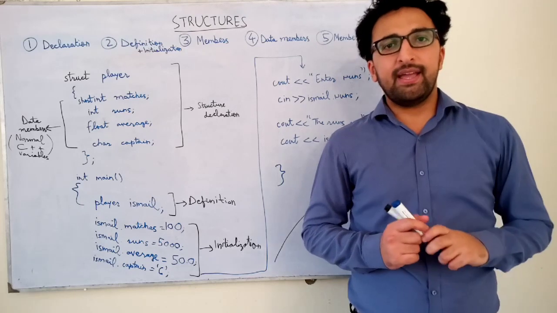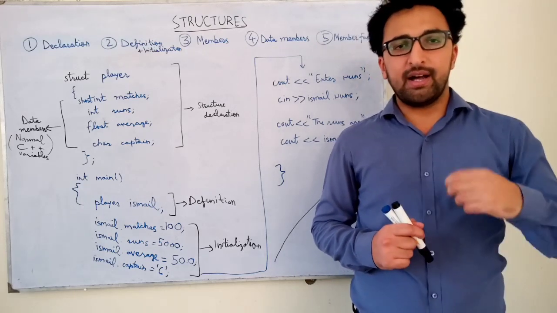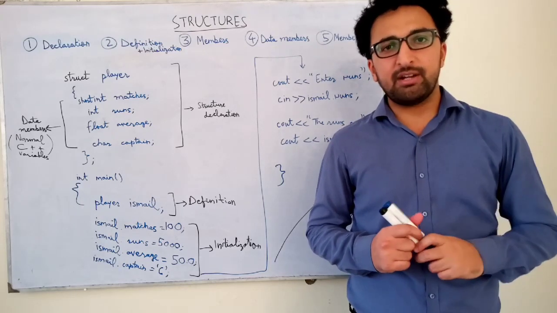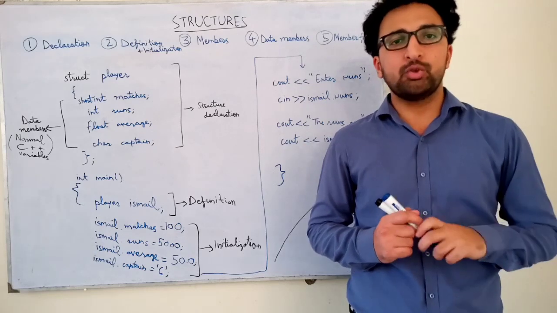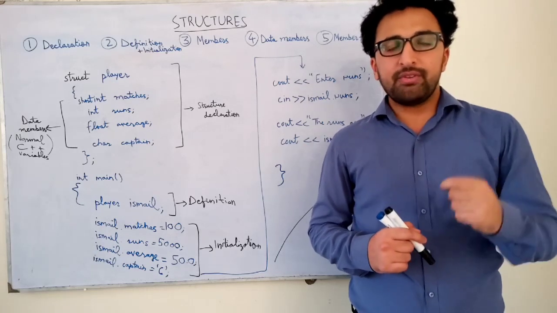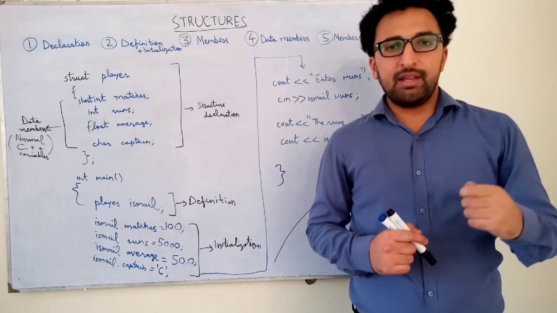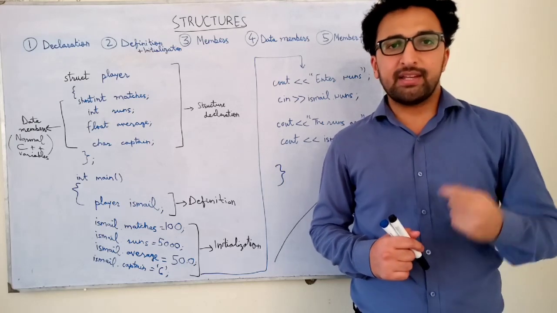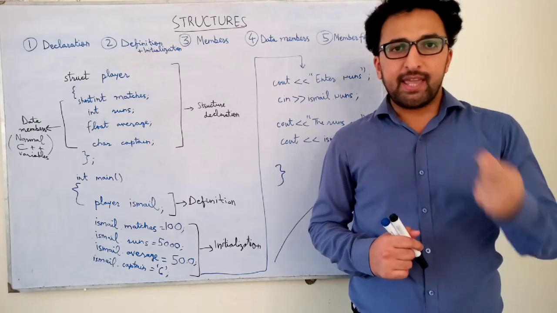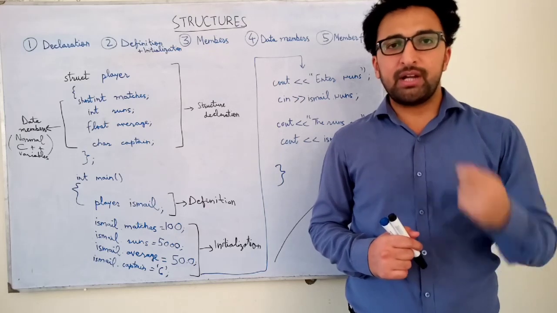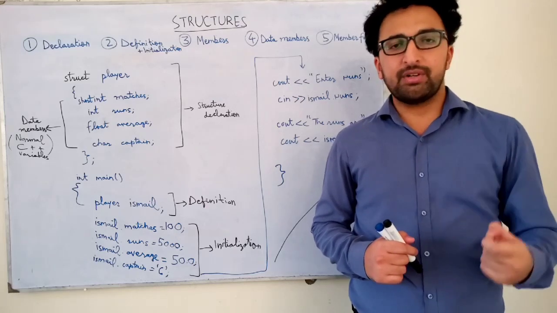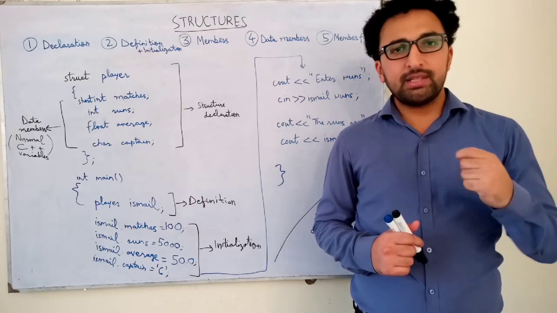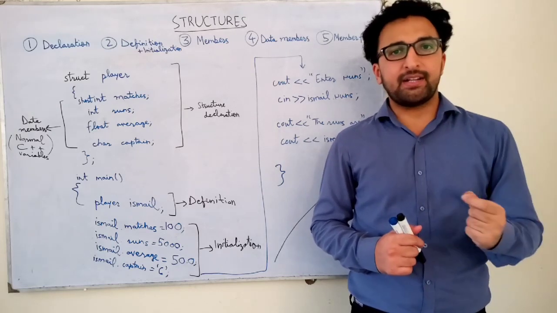But now consider a scenario where you are a university administration and you want to store the data of multiple students. The data of each student will contain information like the name, the age, the GPA, and the pass fail status of a student. So all these things are of different data types.